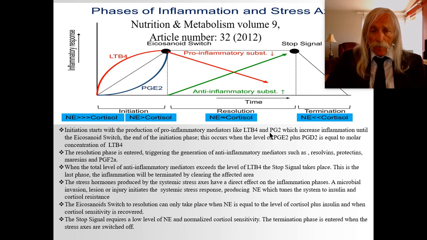So you get leukotriene B4 and then prostaglandin E2. Both of those are going to be pro-inflammatory local autocoid or paracrine hormones. They'll rarely make it past one level of circulation, so they're local. They're happening right at the site of the infection. That increases inflammation until the icosanoid switch is now being shut down.